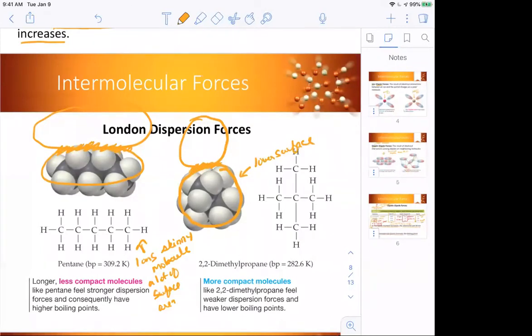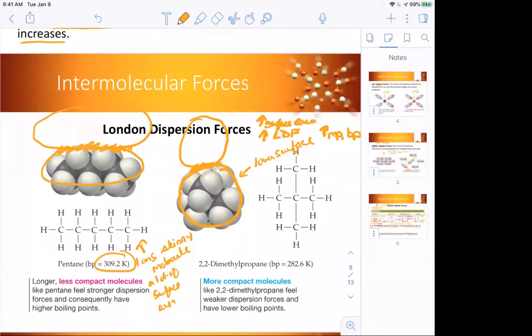So if I increase surface area, I increase my London dispersion forces, and I'm going to increase the melting and boiling points, because now those intermolecular forces are a little bit stronger, and that's going to influence the energy it takes to pull them apart.